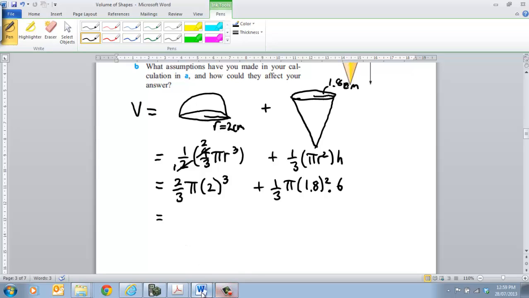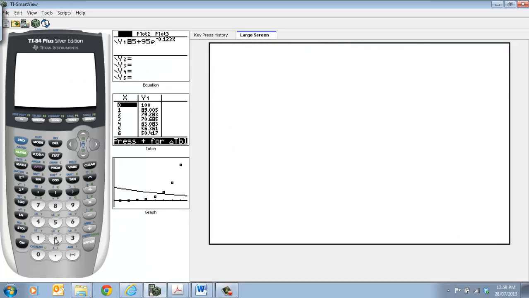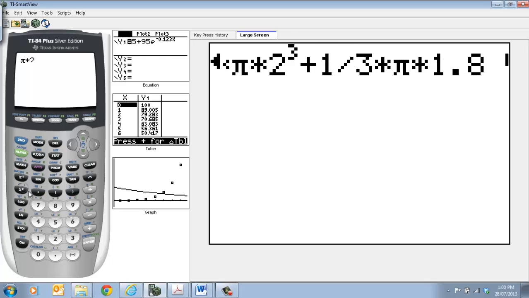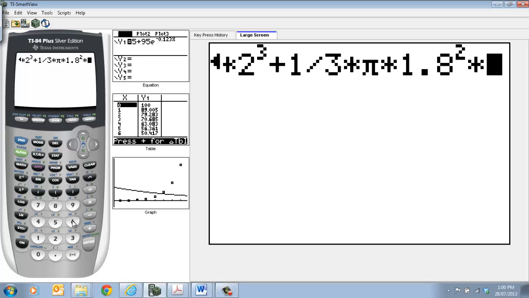So if we go to our calculator, it's going to be 2 divided by 3 times by pi times by our radius, which is then cubed. We use our cube button, and then we add 1 divided by 3 times by pi times by our radius, which is 1.8. We're going to square that, and then we're going to times that by 6.